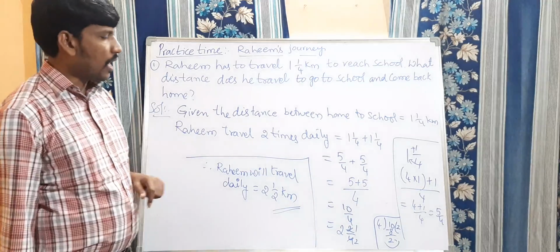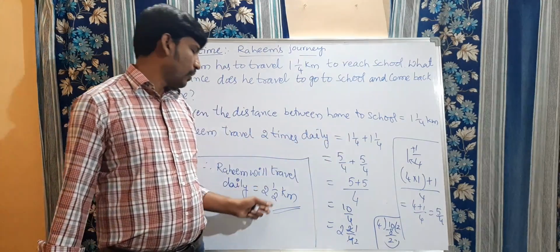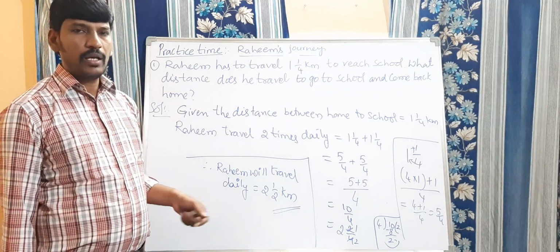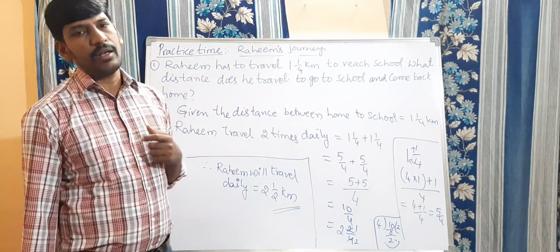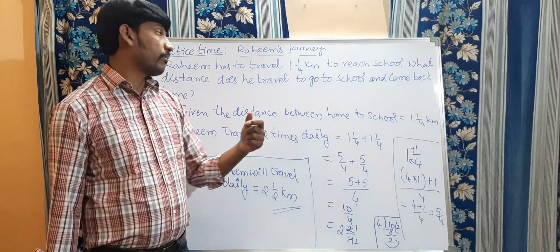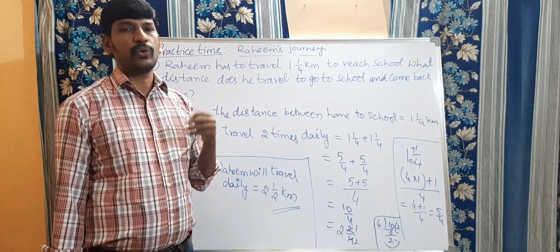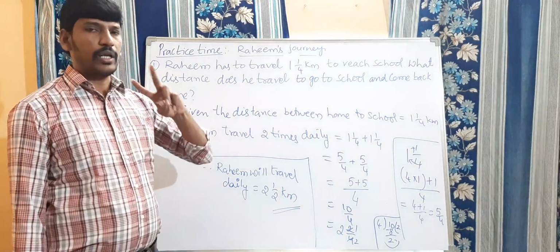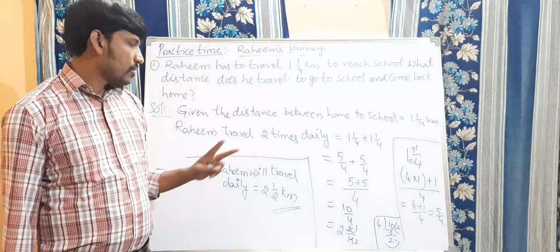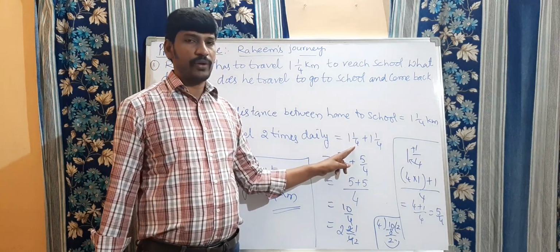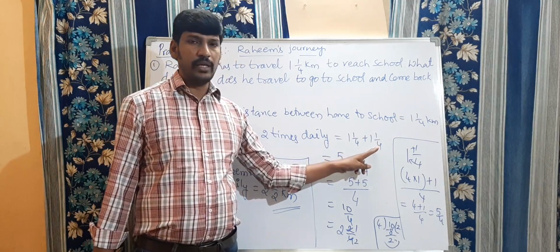Or you can add 1 plus 1 is 2, and 1 by 4 plus 1 by 4 is 2 by 4, that is 1 by 2. So daily he will travel morning 1 1/4 kilometer, and evening also he will travel 1 1/4 kilometer to reach his home. So totally Rahim travels 2 times daily, 1 1/4 in the morning and 1 1/4 in the evening.